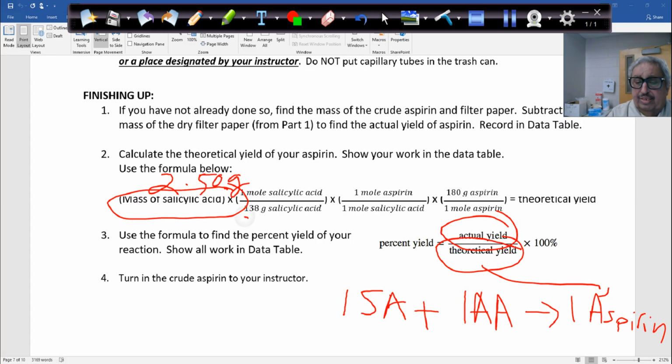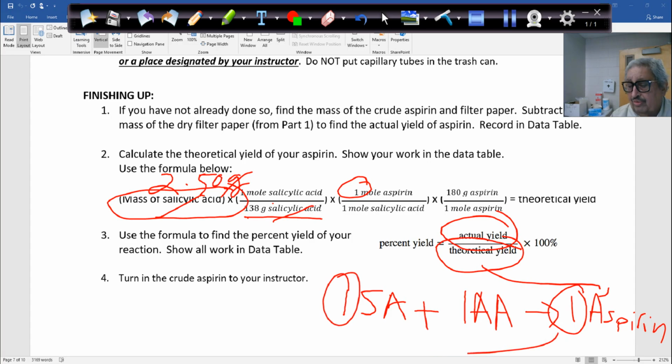Then you divide it by the molar mass of salicylic acid. Grams of salicylic acid cancel out the grams here. And then the moles of salicylic acid will come here. 1 mole of aspirin to 1 mole of salicylic acid. See here this relationship, 1 to 1 mole. So moles of salicylic acid cancel with moles of salicylic acid.